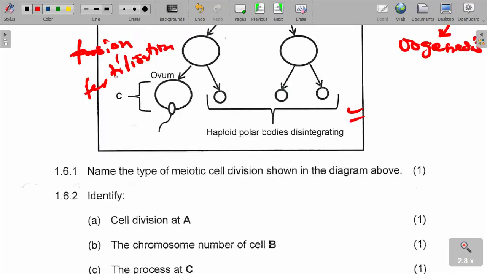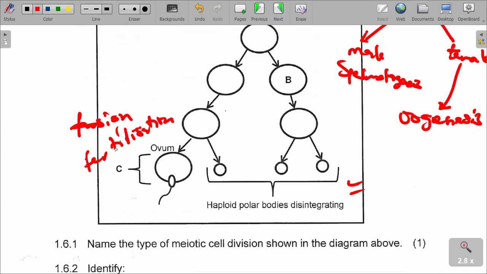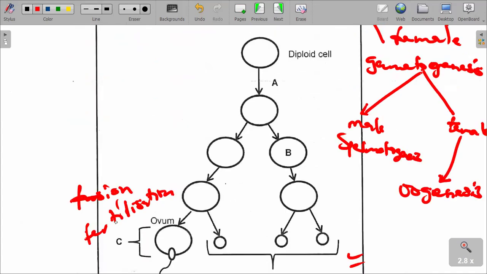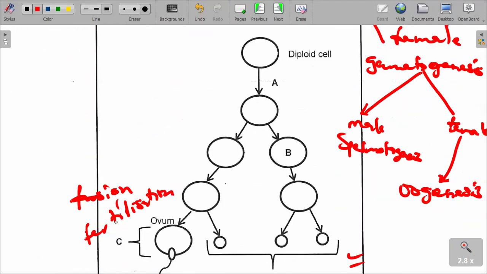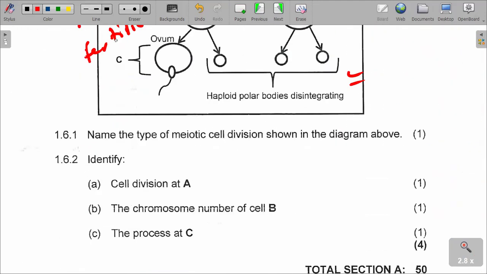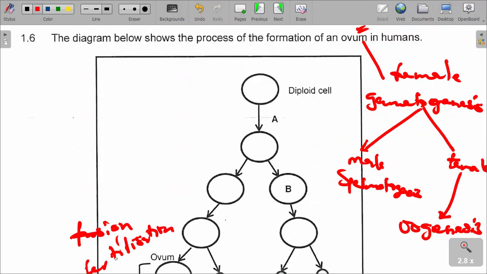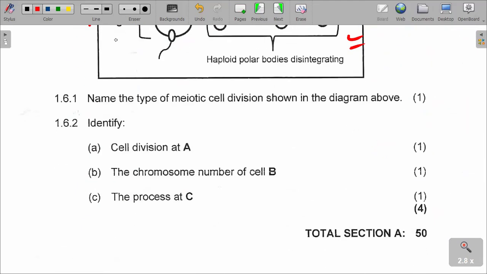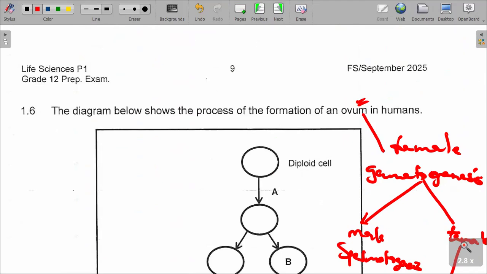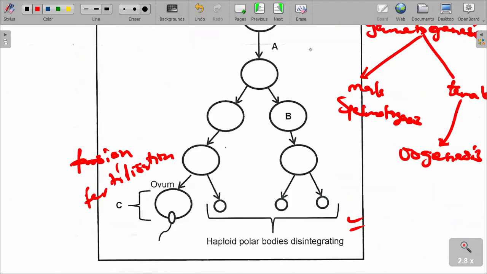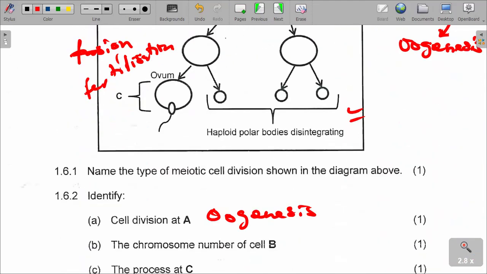We need to be specific: it is gametogenesis, but which one specifically? It is the formation of the ovum, so it is oogenesis. The reason is that it is female egg formation. We should be able to specify that.